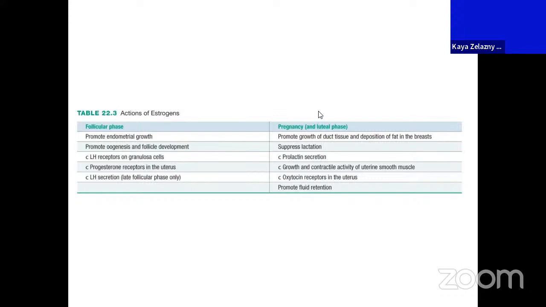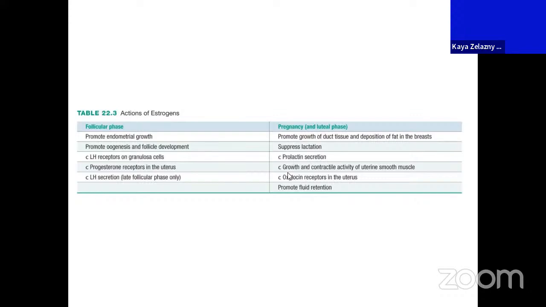Estrogens are going to do things like promote the growth of ducts and fat in the breasts, kind of preparing them eventually for lactation. So they're promoting the growth of those tissues, but early in pregnancy or during the luteal phase, obviously it's not time to actually lactate yet. So at the same time, they're going to suppress the actual lactation itself, just grow the tissue.